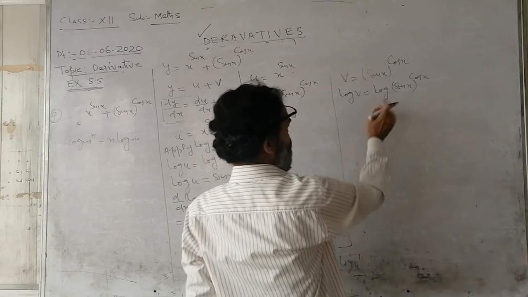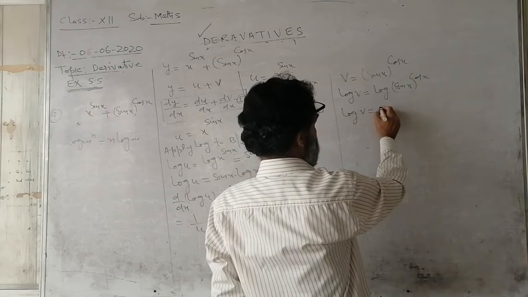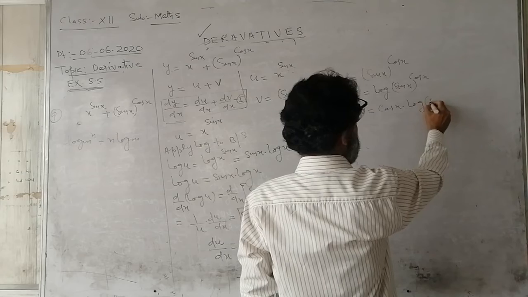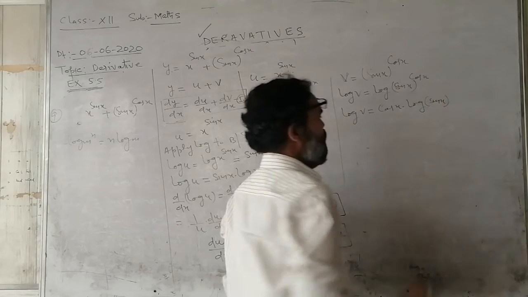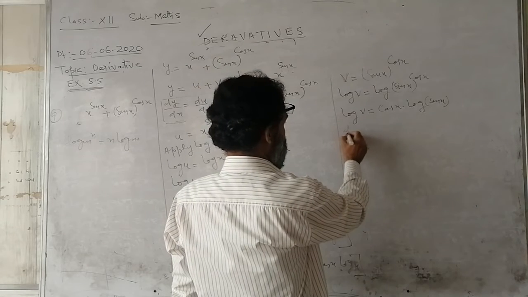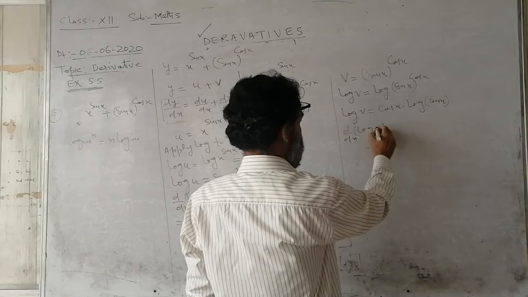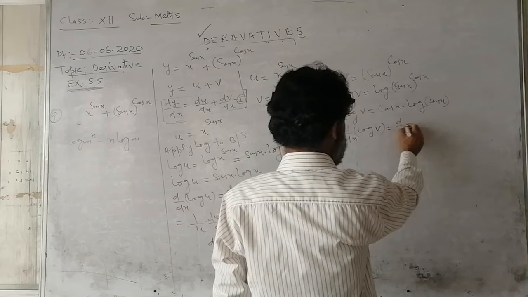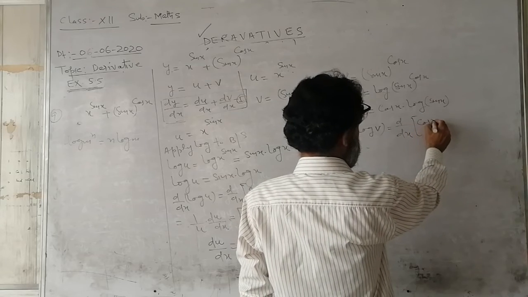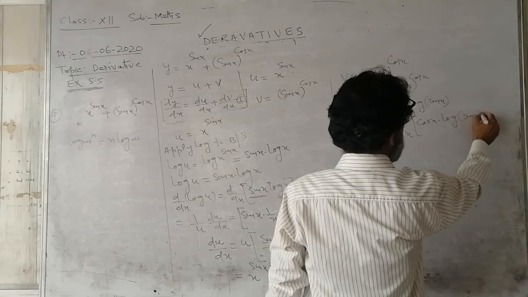Again the same formula is used. Its exponent can be written as cos x into log of sin x. So if I differentiate, d upon dx of log v equals d upon dx of cos x into log of sin x.